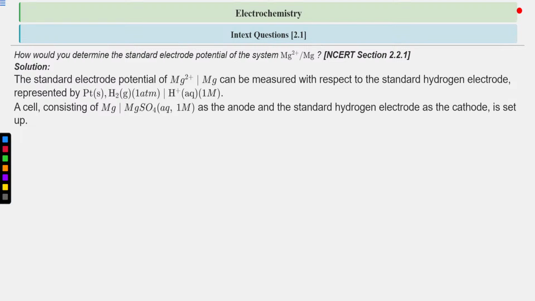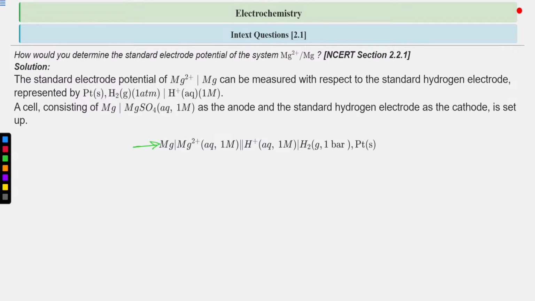This is just the representation of SHE. Now, a cell consisting of MgSO4 in aqueous form, 1 molar concentration, as the anode, and the standard hydrogen electrode as the cathode, is set up. So we use the system mentioned in our question as the anode, and the SHE as the cathode.